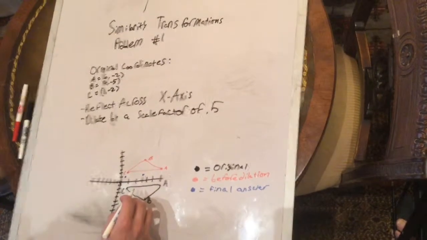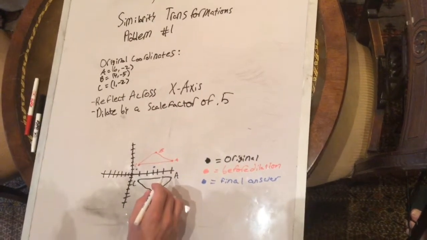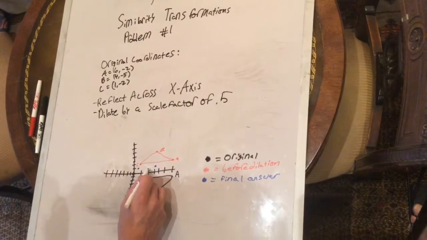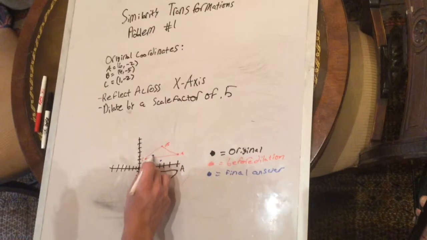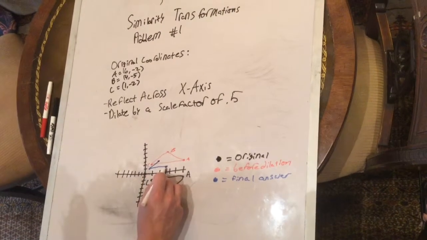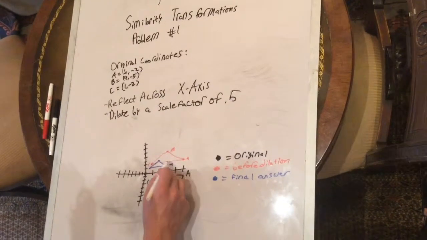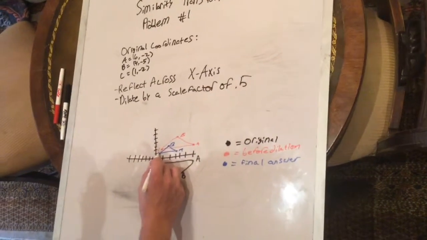And then B is 4, 5, so that's going to be 2 and 2.5. And then the blue figure is your final image, answer.